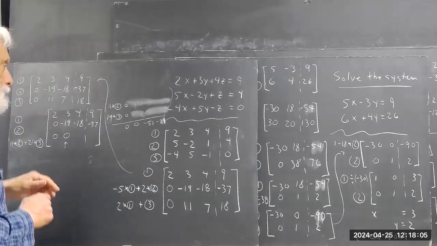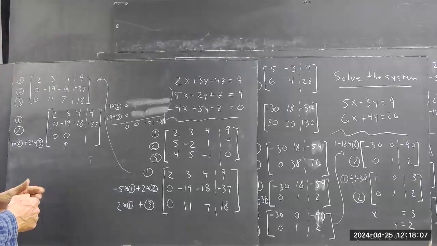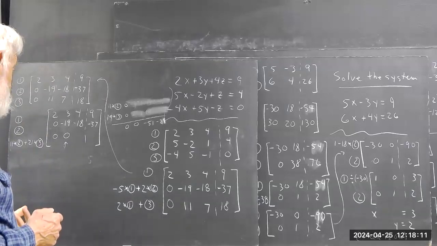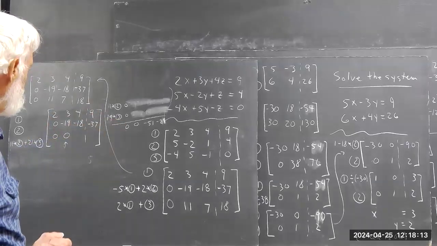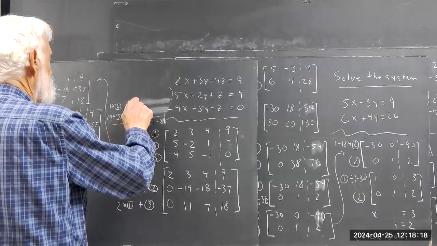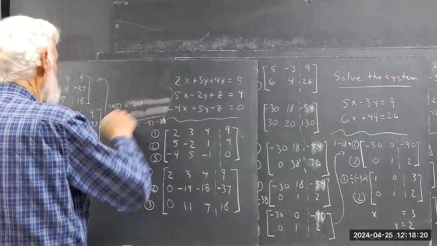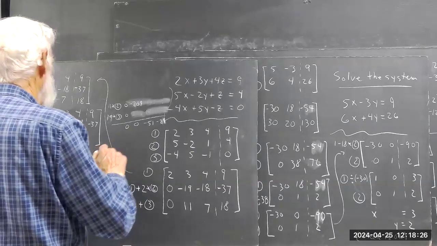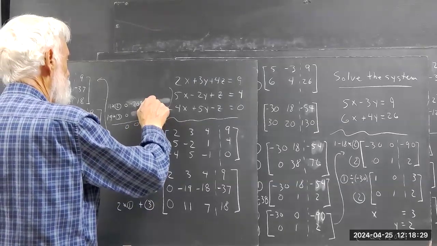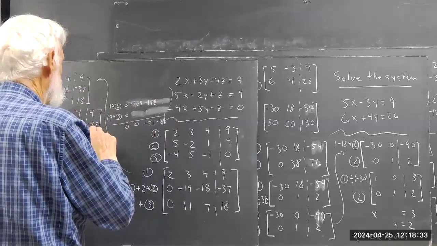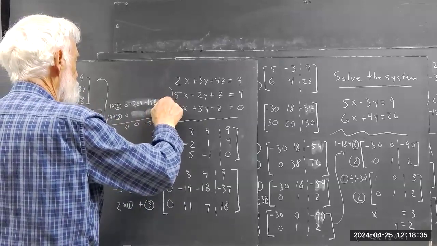So 11 times negative 19 is negative 190, and negative 19, which is negative 9. 11 times negative 18 is negative 180, and 18 is negative 198. What I got before. Negative 11 times negative 37 is negative 407.